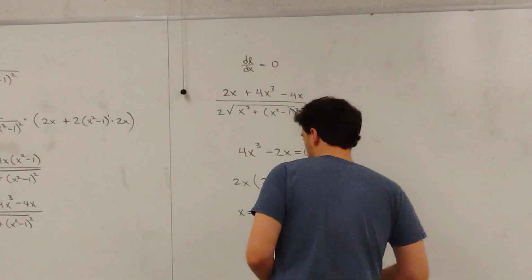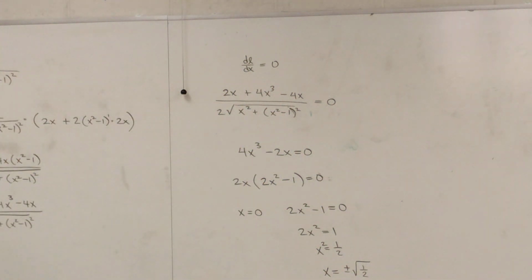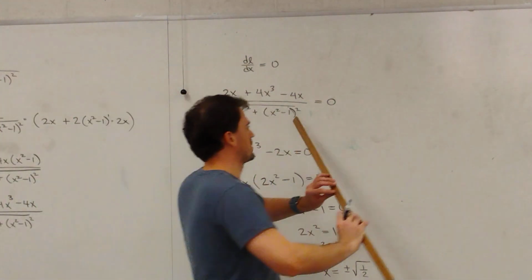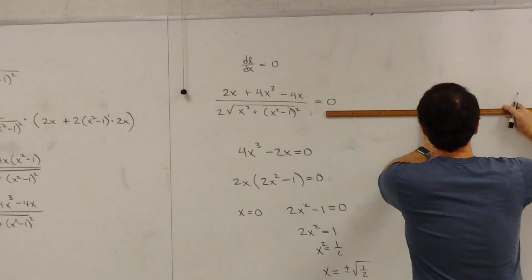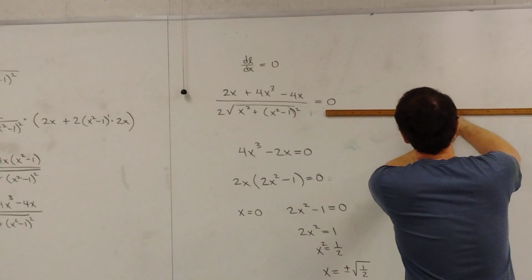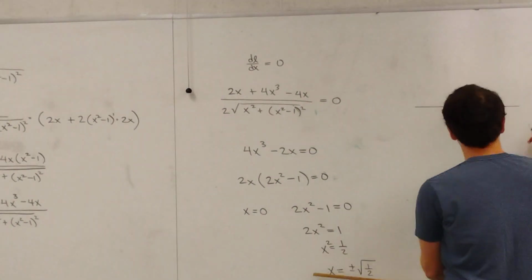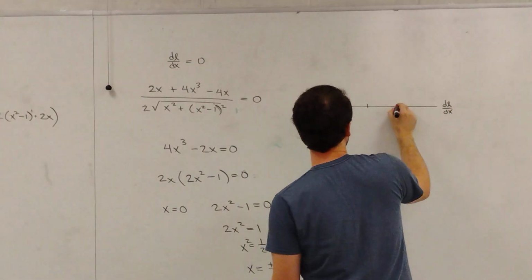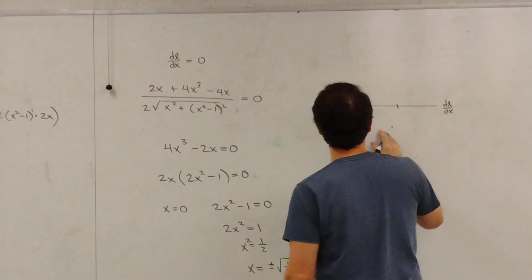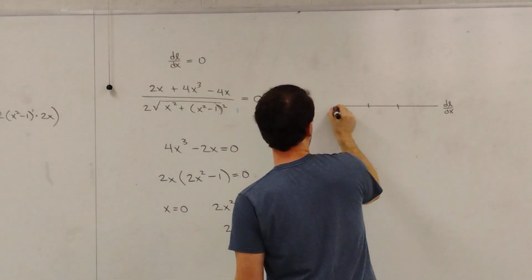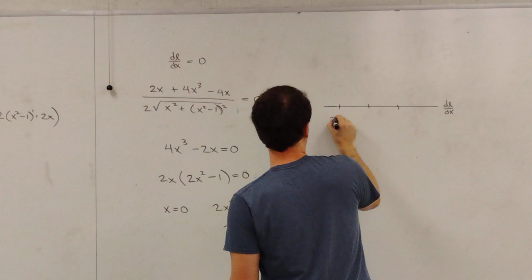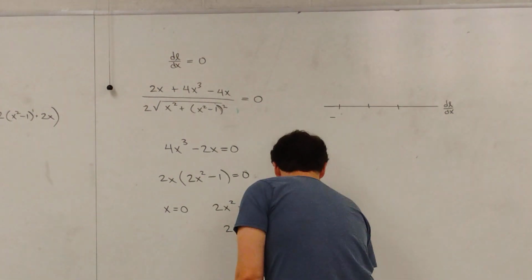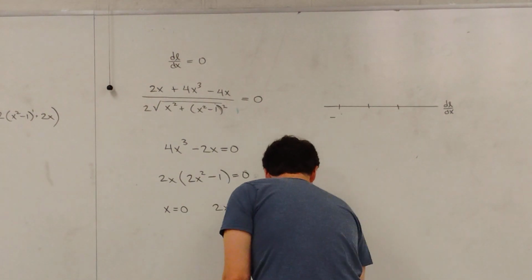So now, we might say, oh, well, second derivative test. I don't want to take the second derivative. So one of the tools that we utilized in Calc 1 was doing this line test, where we're marking a sign chart for values of the derivative.